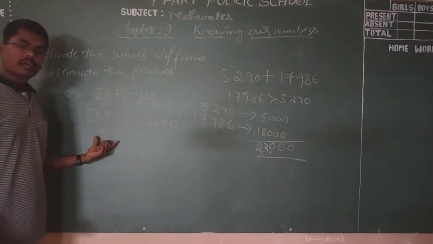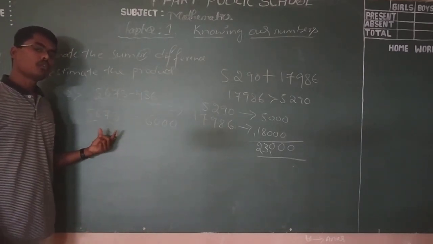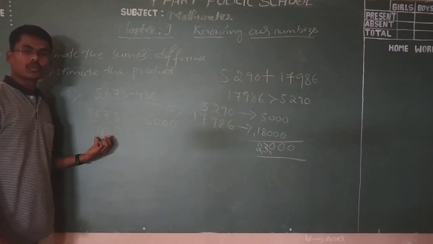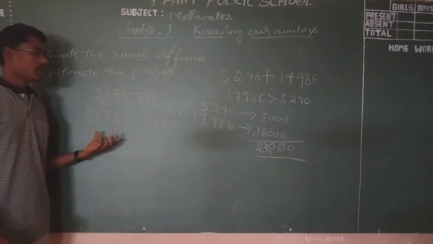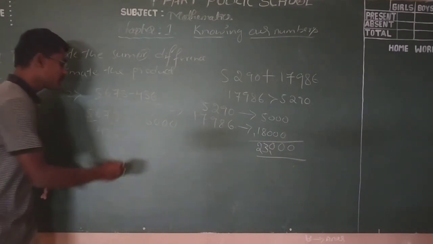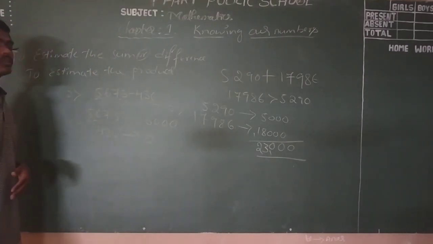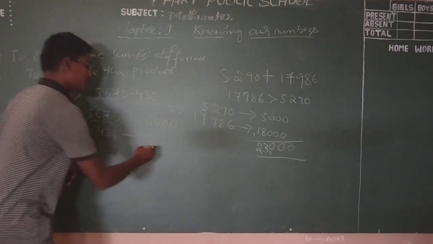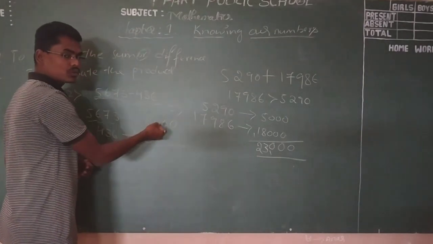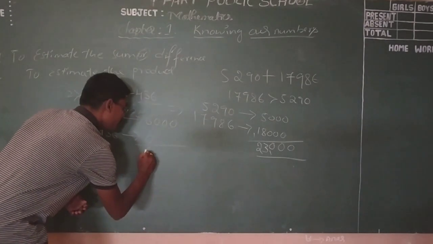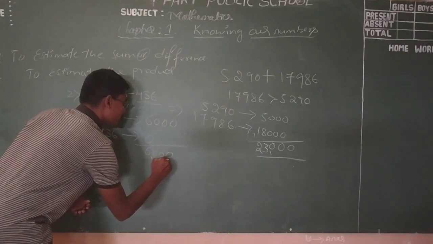This is a 3-digit number, and we can't find the thousands position here, so it becomes 0. You are going to subtract this one. The subtraction of 6,000 minus 0 again gives 6,000.